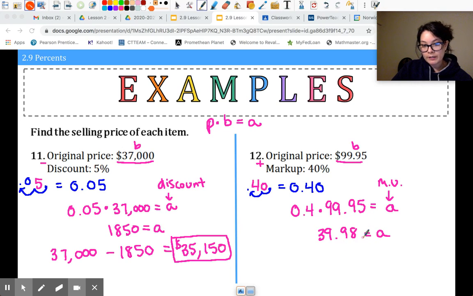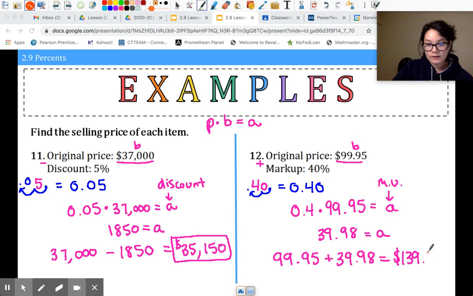Again, this is my markup. So to find the selling price, I've got to take the original amount, and a markup's going to make it more expensive. So I'm going to add here. So I'm just going to add using my calculator, and I get $139.93.